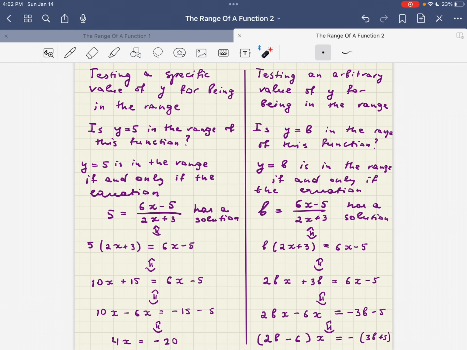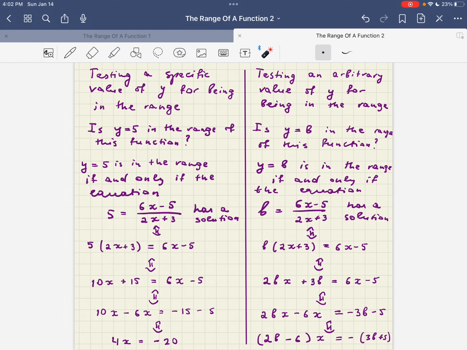Namely, we first note that y equals b is in the range of this function if and only if the equation b equals (6x minus 5) over (2x plus 3) has a solution for x. I wrote these steps side by side so that you can compare them.